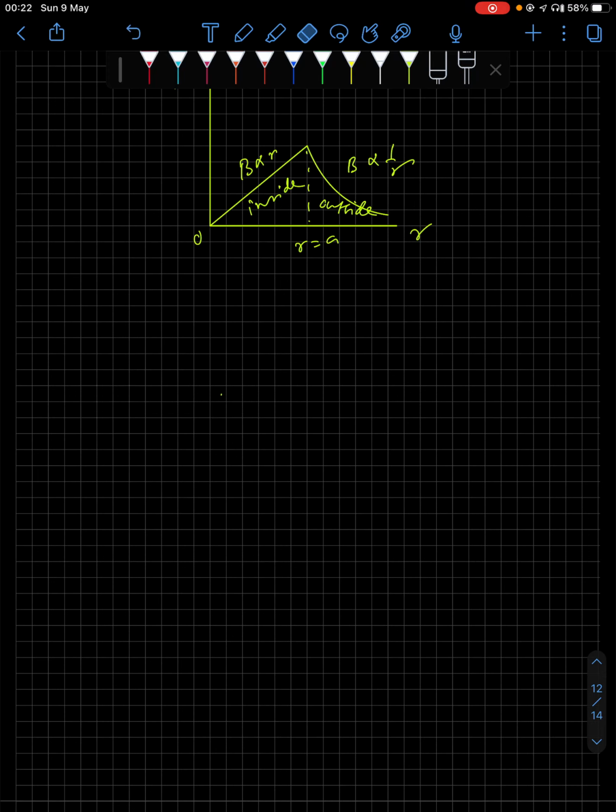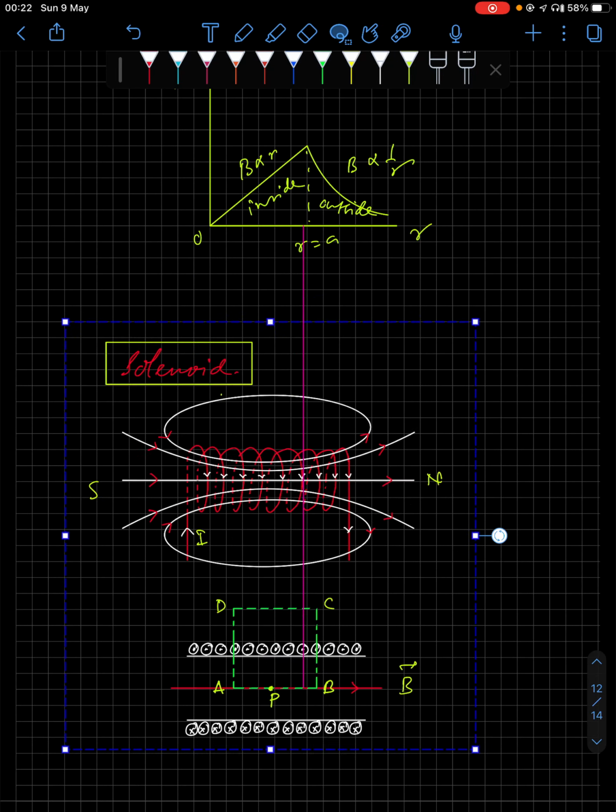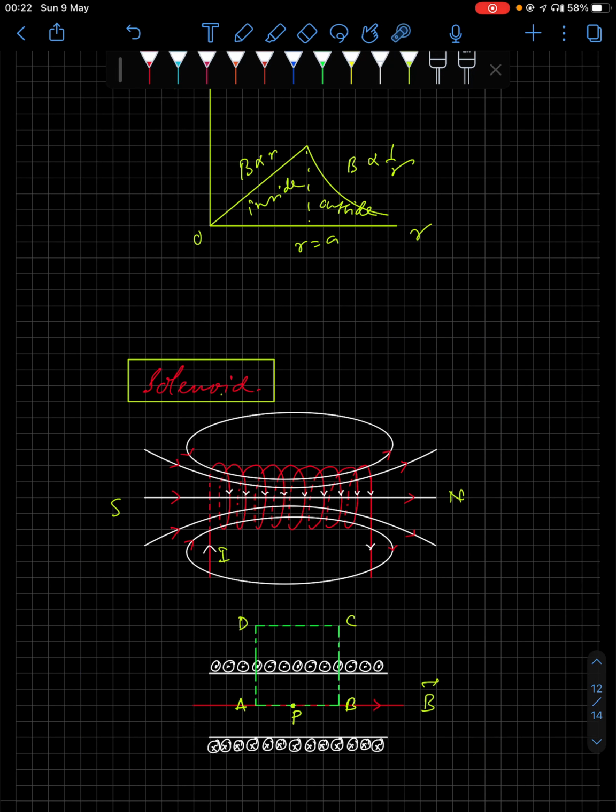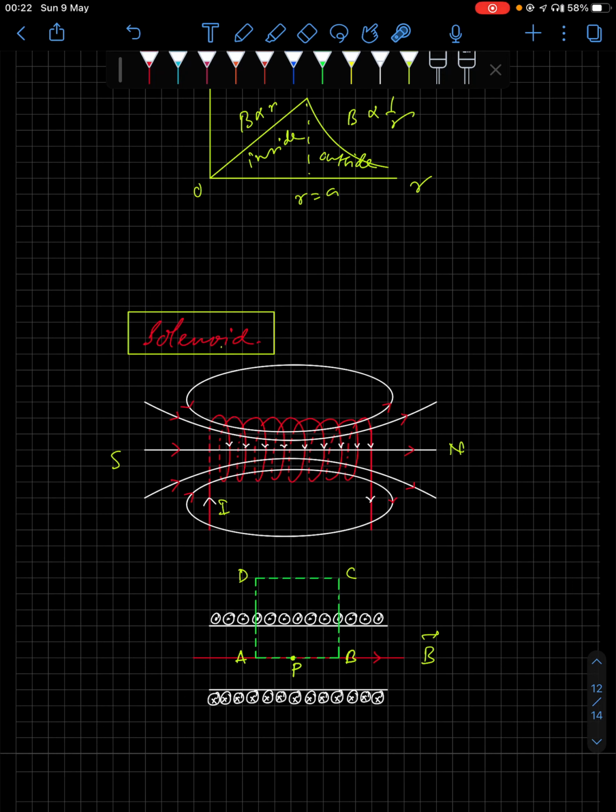So when a solenoid carries current I, then it produces a magnetic field. You see, the solenoid, this one is carrying current in this direction. Okay, current is entering through this and it is coming out through this end, right?